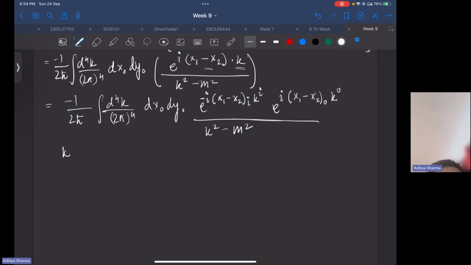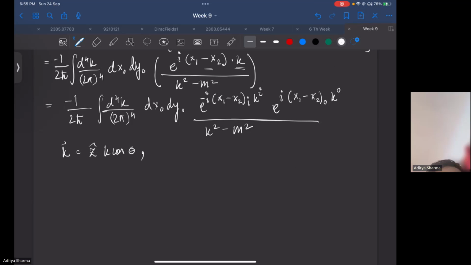So that means what I want to say is k vector is just z cap k cos theta. Okay. Means along the k vector, I have aligned my z axis.